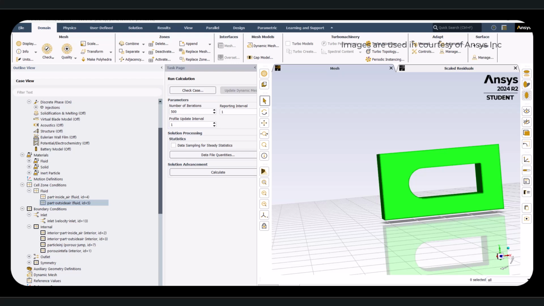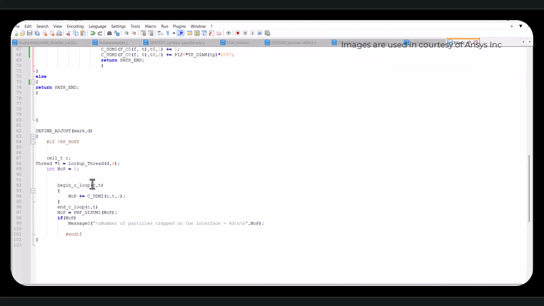With that inside air ID, I am using this UDF to loop over all the cells, right? And I am increasing that value, NOP, as I loop. That is an integer value. I am just increasing it and trying to find this, right? So if the number of particles trapped on the interface would increase with respect to this, now what is this value?